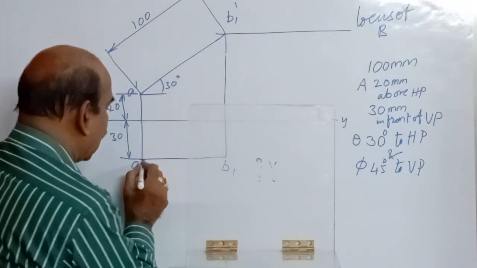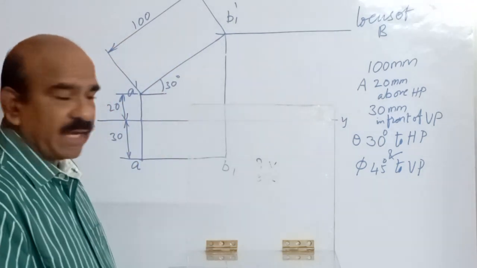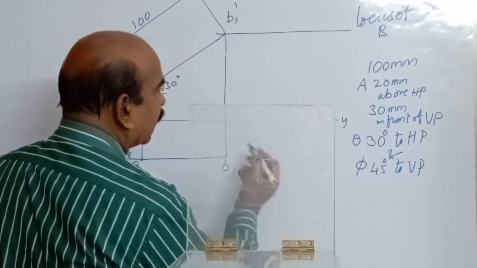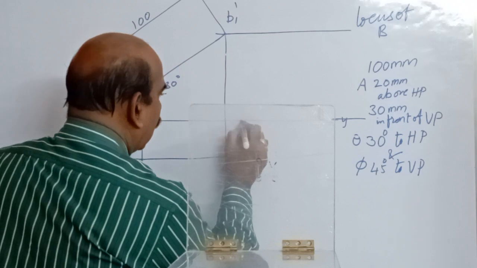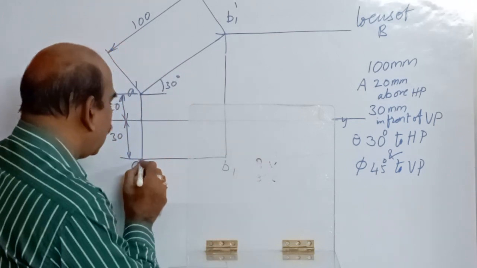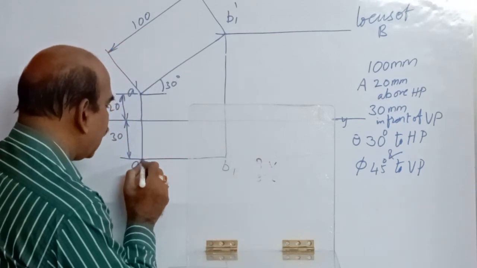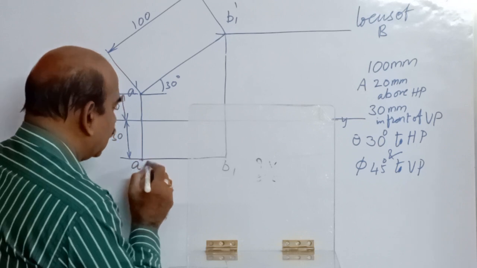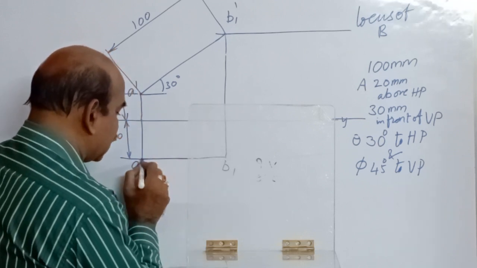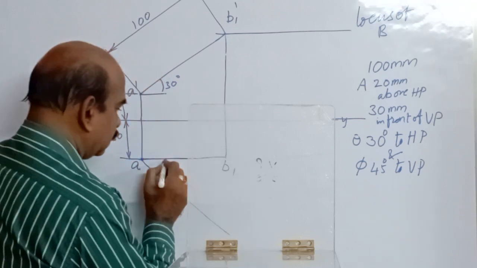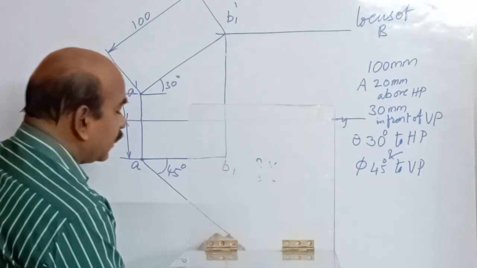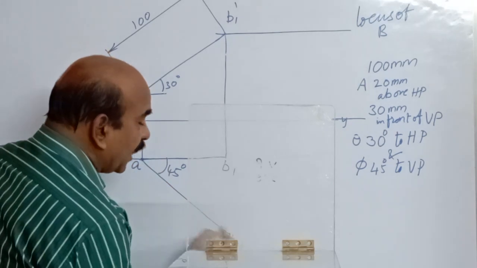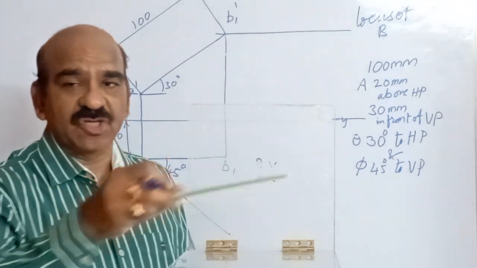Suppose I start with A here, okay? Or if you want, you can draw it separately, or I'll draw it here itself. Okay, point A at 45 degrees angle to this, and this is the true length of the line because it is parallel to HP.